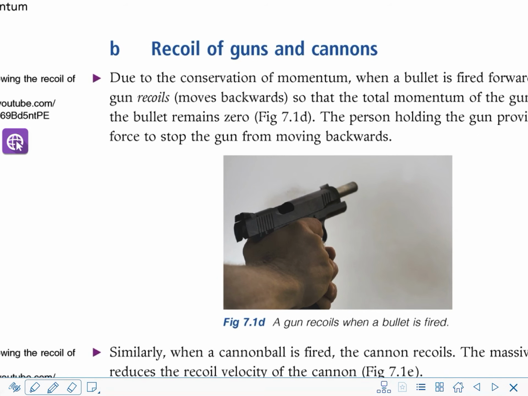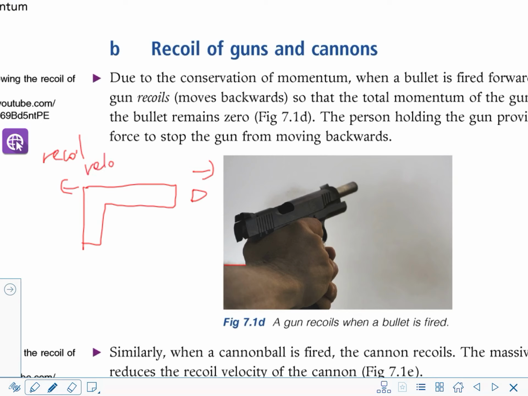Recoil of guns and cannons. If we shoot a bullet from a gun, we would have a recoil velocity. That means the gun moves backward.